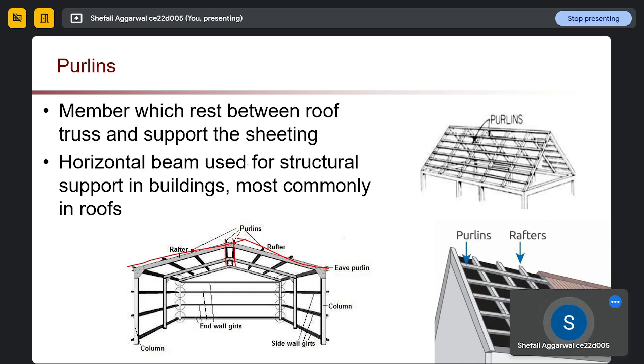These are the horizontal beams used for structural support in buildings, mostly in roofs. If this is a roof truss, then these are our purlins. They are the members resting between the roof truss and the sheeting, with the sheeting provided above them.